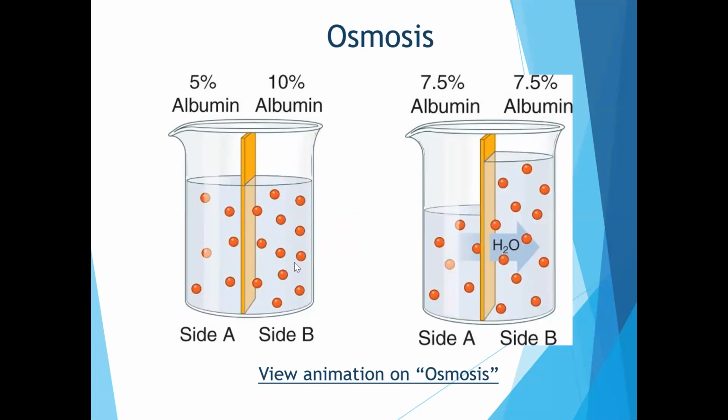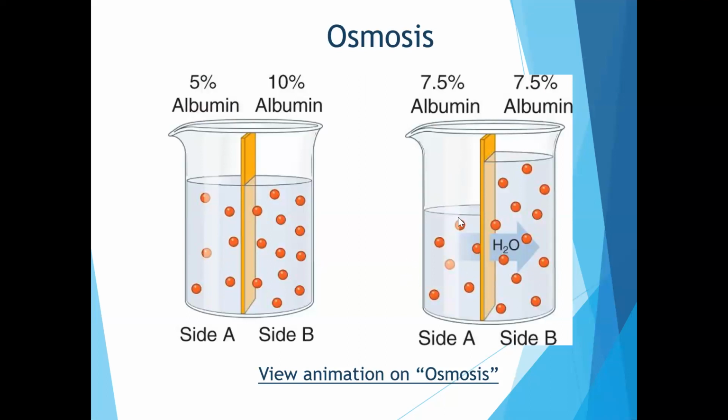So side B has twice as much albumin as side A. In order to even that out, rather than particles moving through the membrane, we have water moving from the side of lower concentration to higher concentration to even it out.